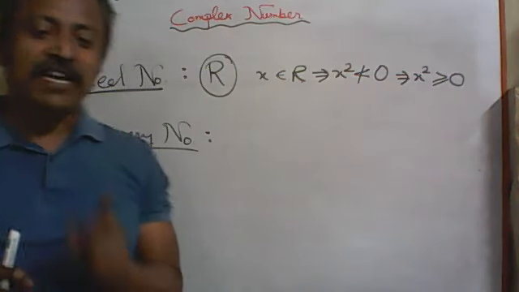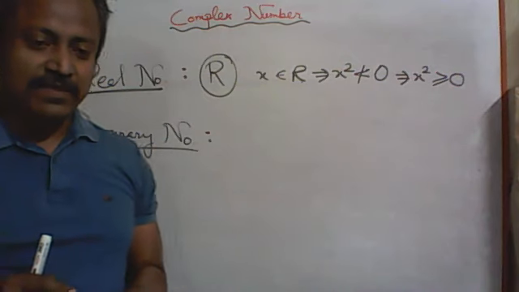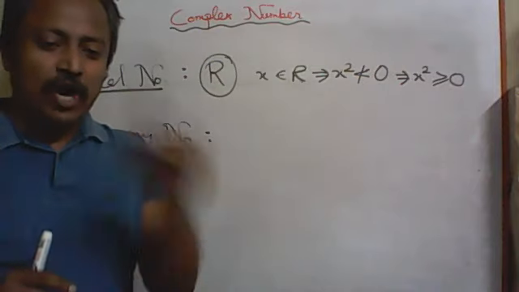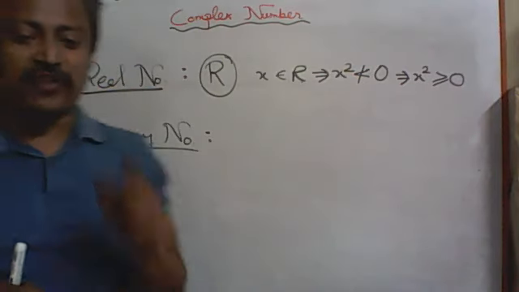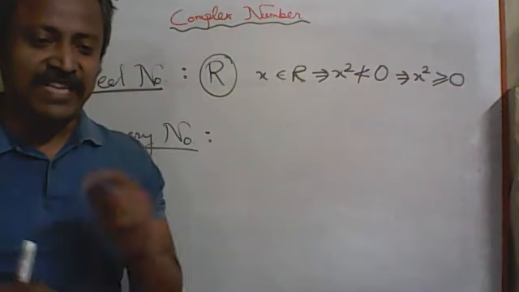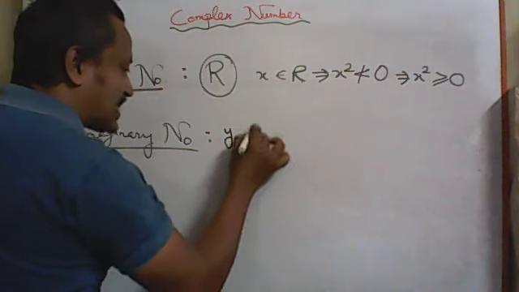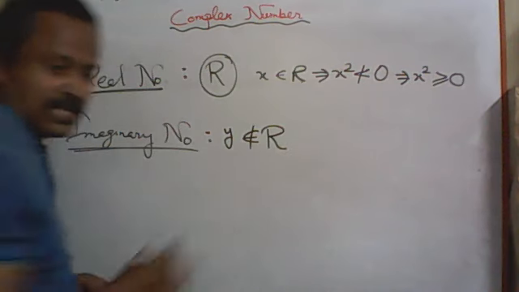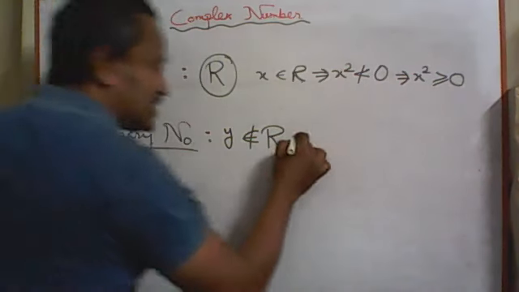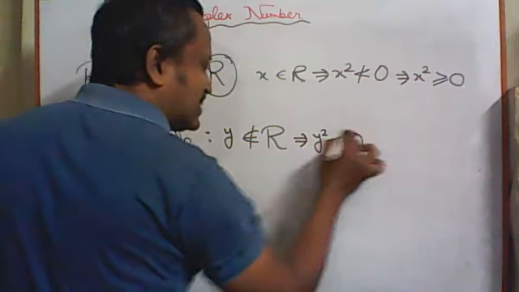Since for a real number the square is not less than 0, the opposite is imaginary. So if we consider y as such a number which is not real, that means which does not belong to the set of real numbers, then simply we can say the square of y is less than 0.